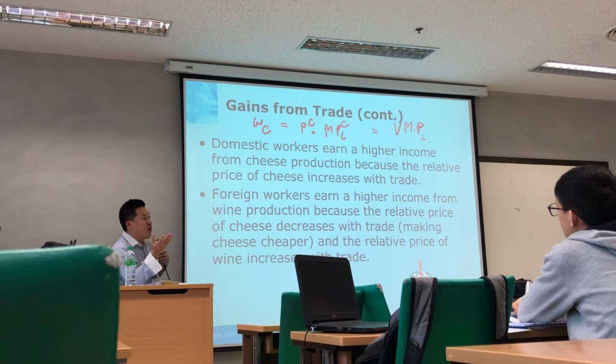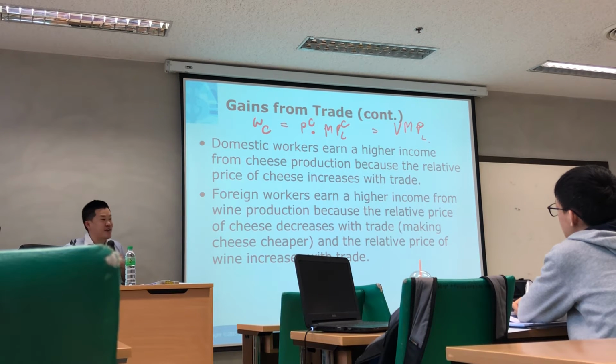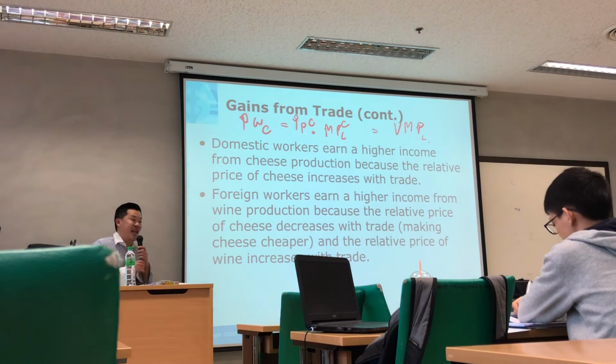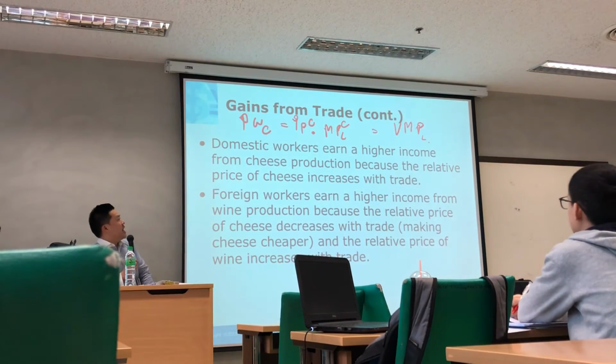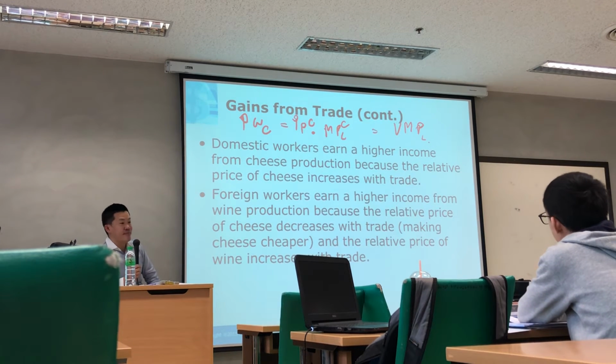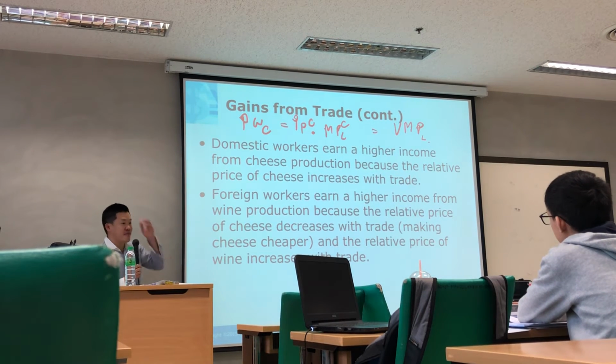After opening to trade, does the price of cheese increase or decrease? The price of cheese increases. That's why wage increases, right? It means home earns higher income.